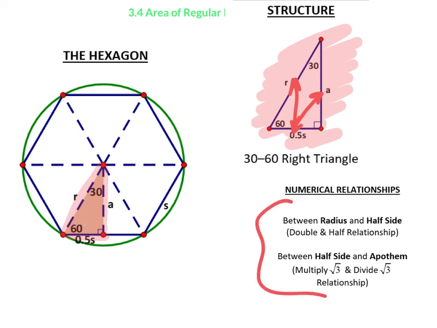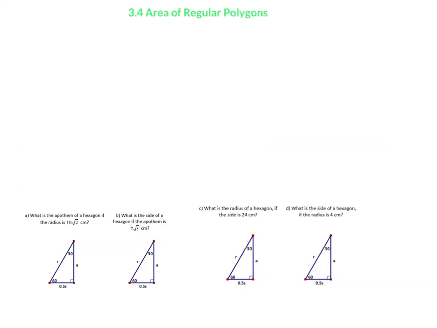So if you just take a look here, you can see that the radius and half is the double half relationship. And then between the half side and the apothem is the times root 3 or divide by root 3 relationship.